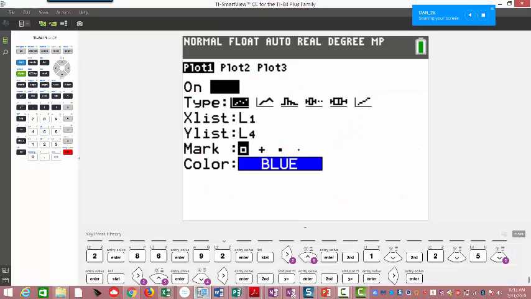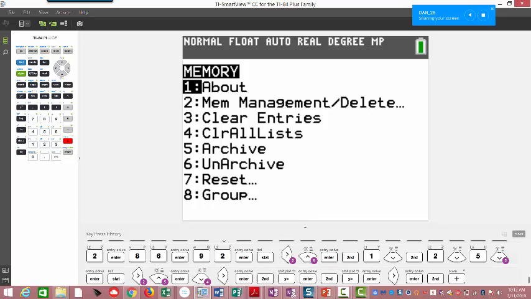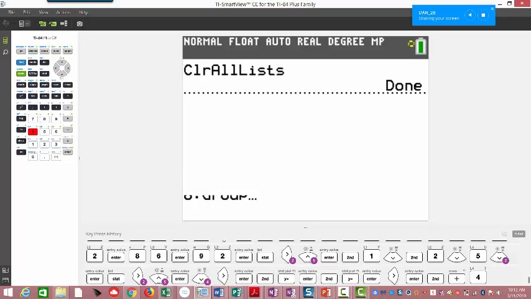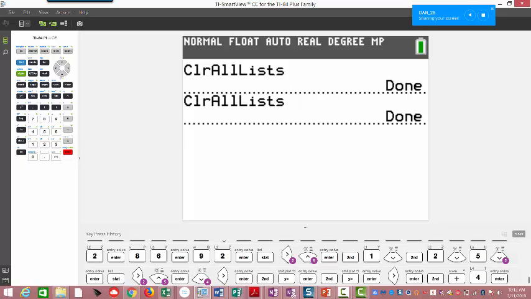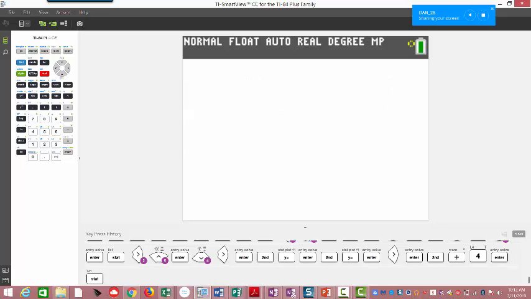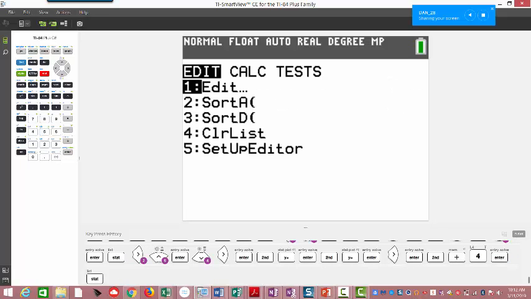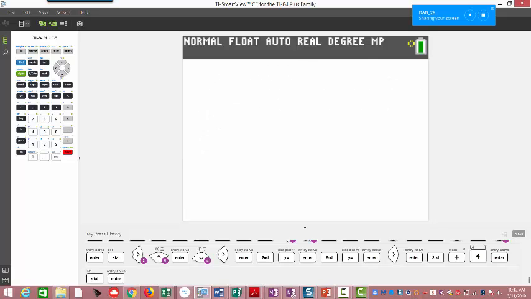All right, so to put these in the calculator, go to second plus and clear all lists. Okay, now go into your stat and your edit.